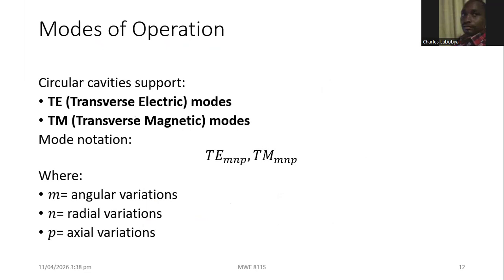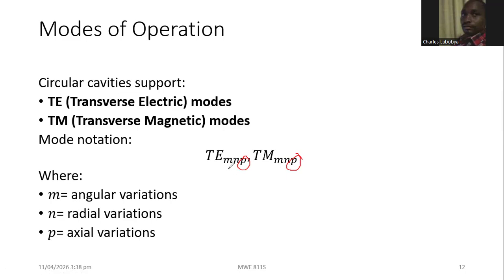Just like in a rectangular one, you normally operate this in transverse electric mode, as well as transverse magnetic modes. But let's take note, there is also an axial variation in the distance D direction, denoted by the letter P here. So you have the P factor being introduced, just like we did before.